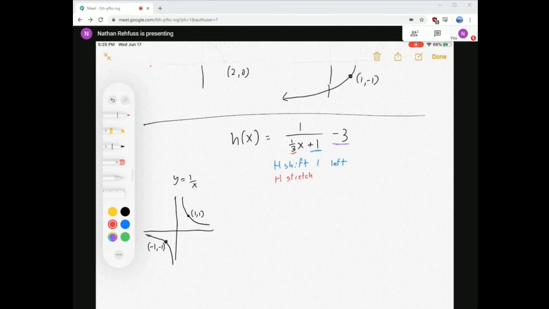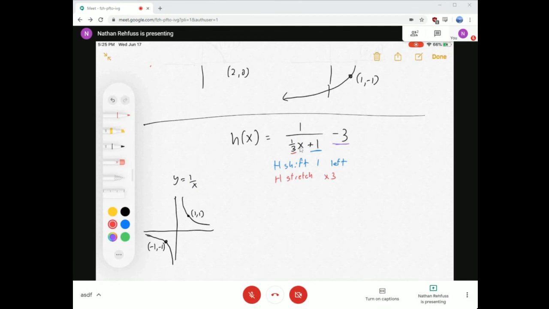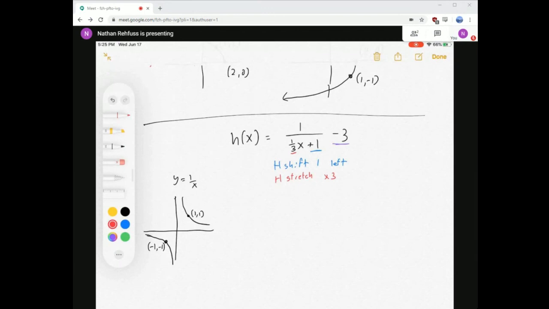So when I multiply by 1/3, instead of shrinking, it stretches times 3. That's like you get everything for 1/3 of the price. If I plug in a 9, the function's going to see a 3. Okay? So that's going to be a stretch times 3.